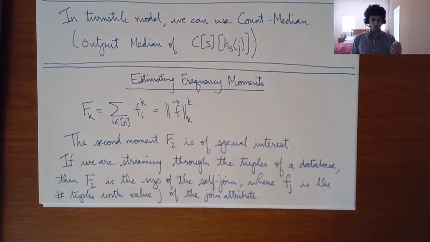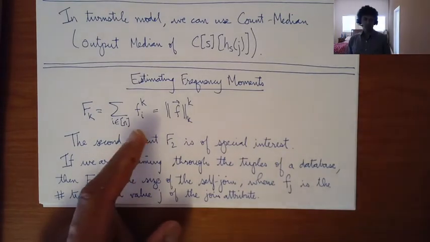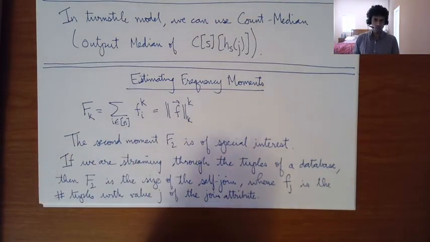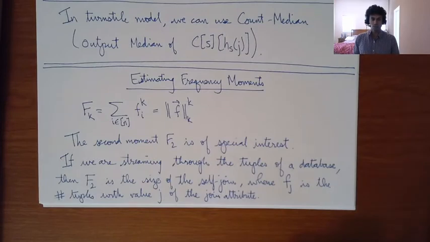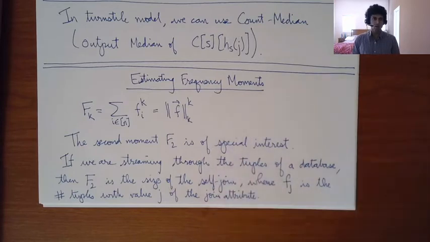And Fj squared is basically the number of new tuples you will get when you do a self-join. And so the sum of Fj squared, the second moment, gives you the size of the self-join, which is a very important quantity to know when you're dealing with databases. So this is an example where the second moment would be useful.